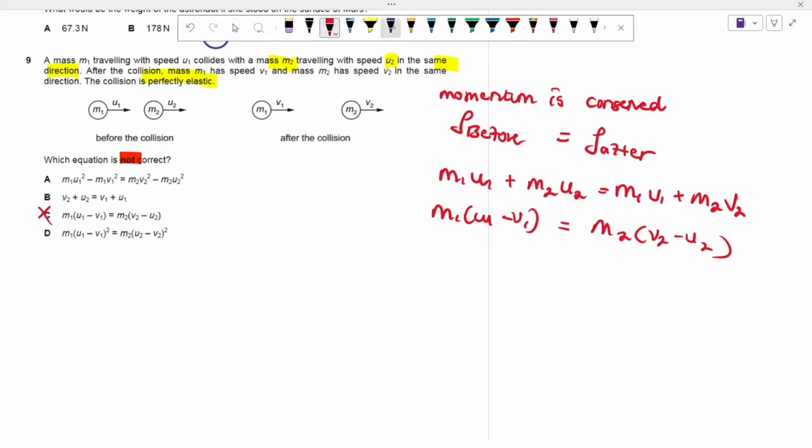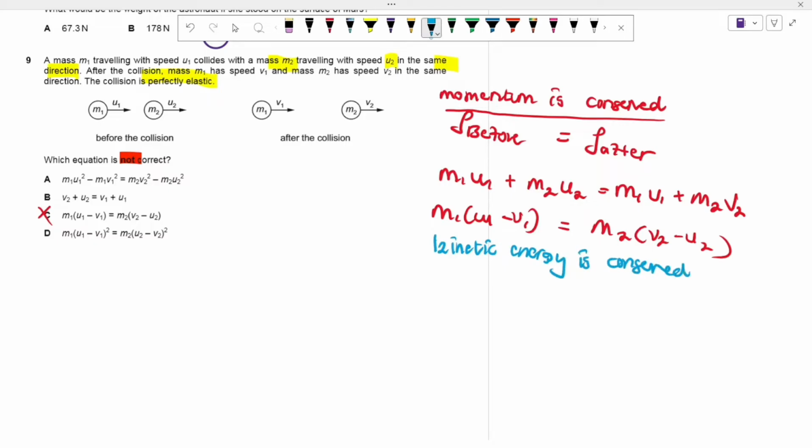Another thing that I also know about an elastic collision is that kinetic energy is conserved. So this is the first thing that is conserved, right? Momentum is definitely conserved. But the second thing that is also conserved is kinetic energy.